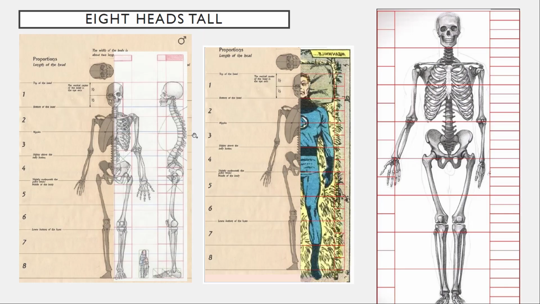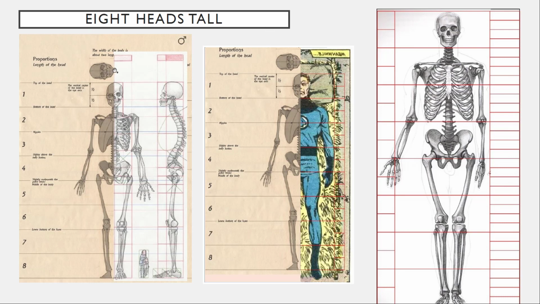Here's another illustration. I'm just trying to put a lot of this information in front of you to show you different variations of the theme. But I suspect that most people have been convinced that if they work with the 8 head tall or the 7.5 head tall character, they're going to come up with something that looks sort of like the modern version.